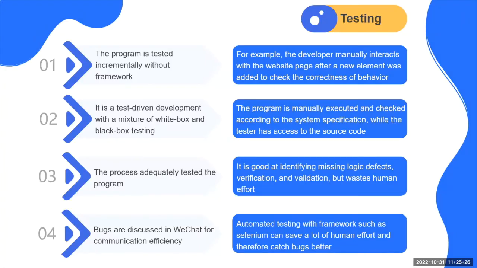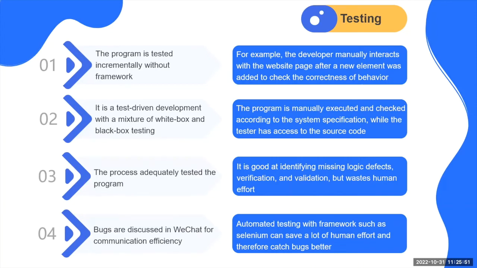The functionality of the website is implemented and tested incrementally, although our process lacks a framework to automate the testing. It is still test-driven development. Generally, the tests are derived from the developer's experience with a large amount of human effort.